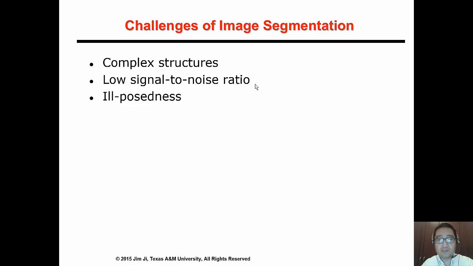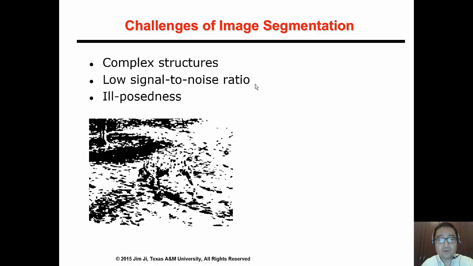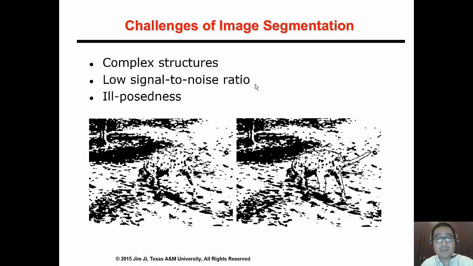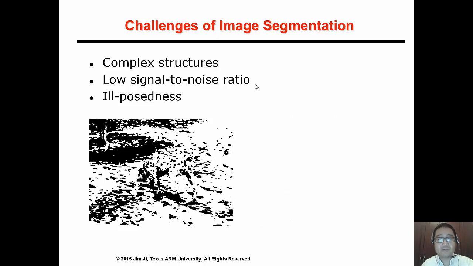Now, what does that mean? Here's an example. This is a black-and-white photo. This is not a medical image, just a black-and-white photo. If I ask you to segment this image for me, it would be very difficult because the features are not salient and it looks very noisy. However, if I show you this figure and then go back to this figure and ask, can you segment this?